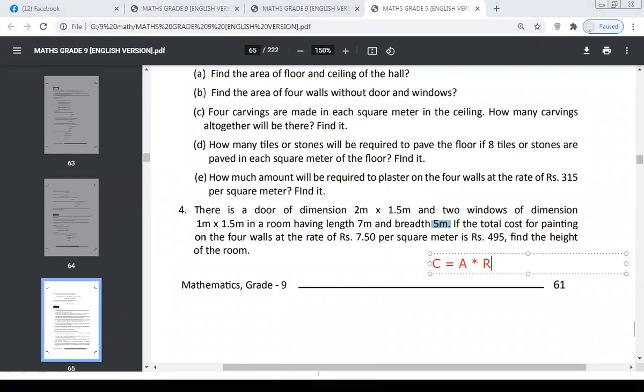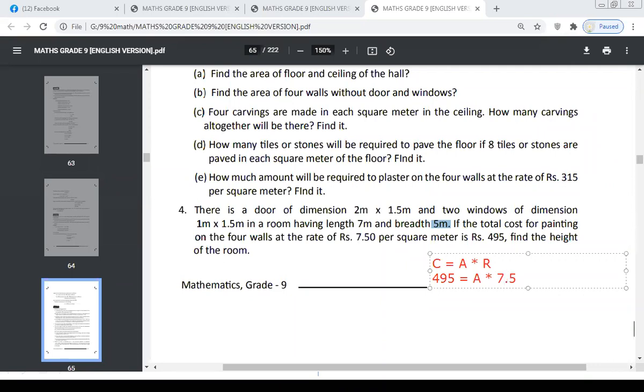By using it, what will you get? Cost as well as rate are given, and we will get the area. Cost 495 is equal to area into rate, 7.50.